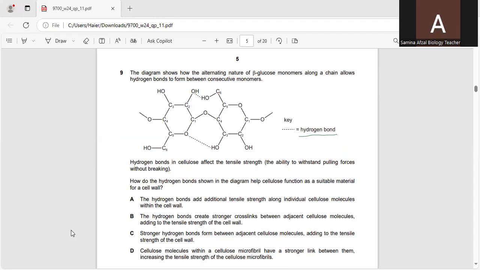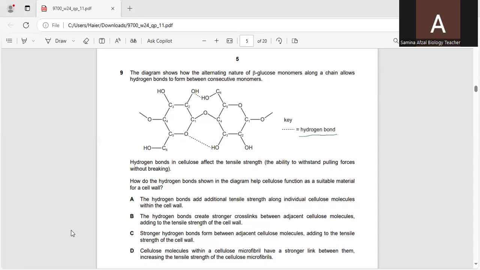Hydrogen bonds in cellulose affect the tensile strength, the ability to withstand pulling forces without breaking. So how do the hydrogen bonds shown in the diagram help cellulose function as a suitable material for a cell wall?